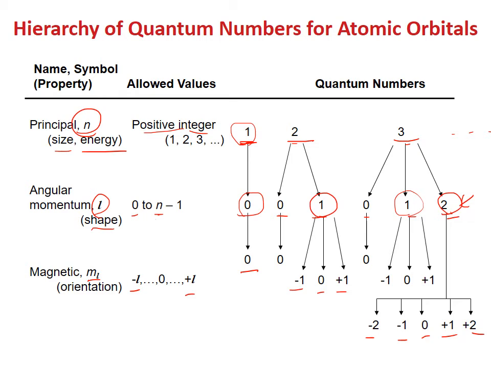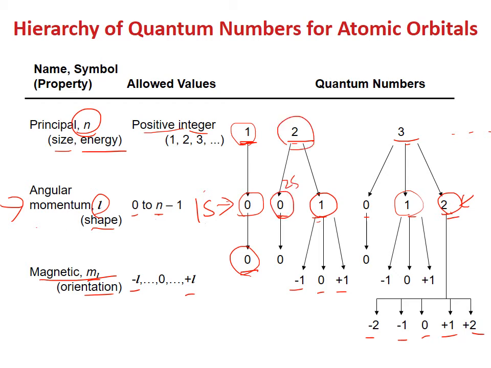When l equals 0, this is called the s orbital, and the s orbital has no orientation. So m also tells you the orientation of the orbital. This is 1s, and this one is the 2s orbital.